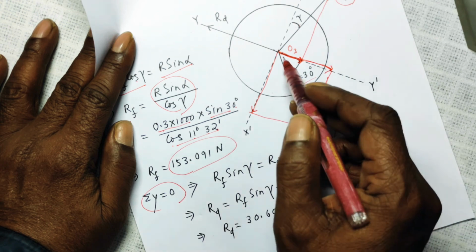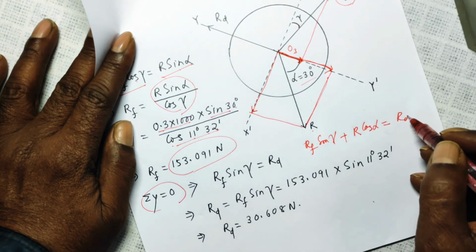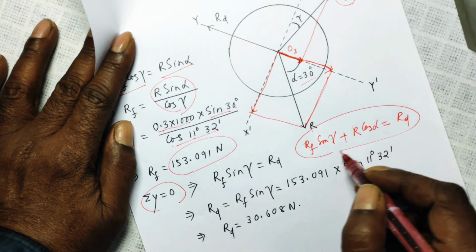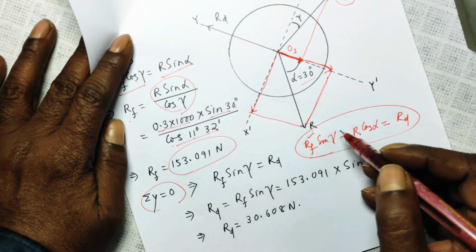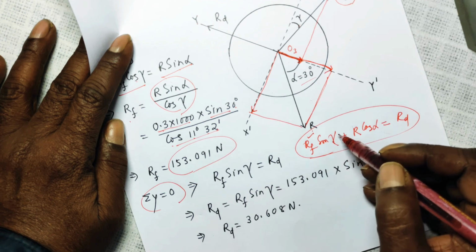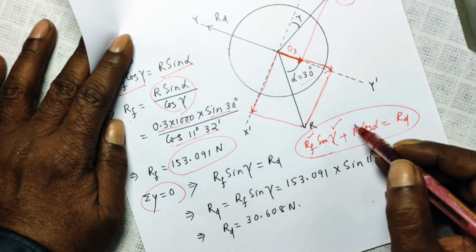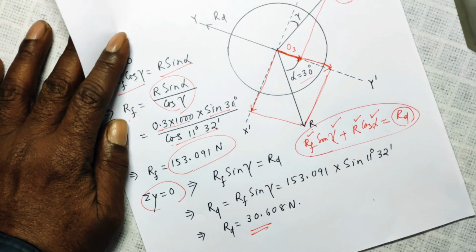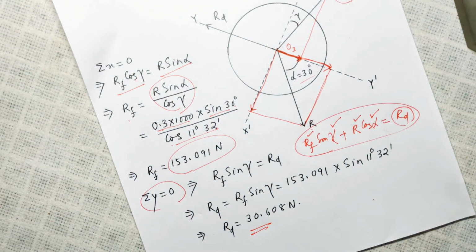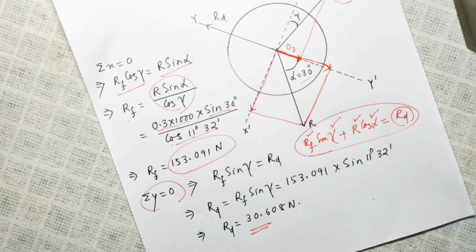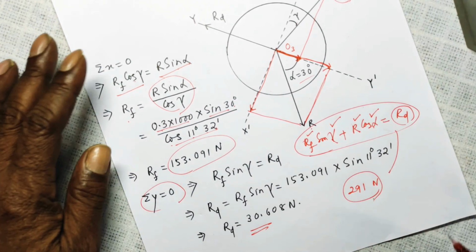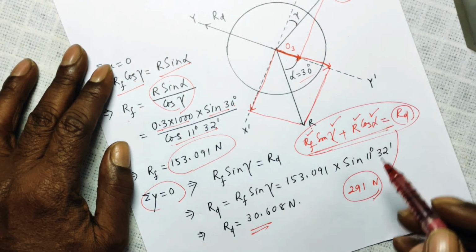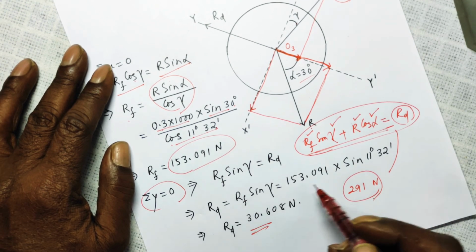Both are in the same direction. Now use this relation, put the value of RF, put the value of gamma which you have calculated, put the value of R, put the value of alpha, then find out RD. It will be slightly different, I think. So let me check and make these corrections here. I made a mistake here.